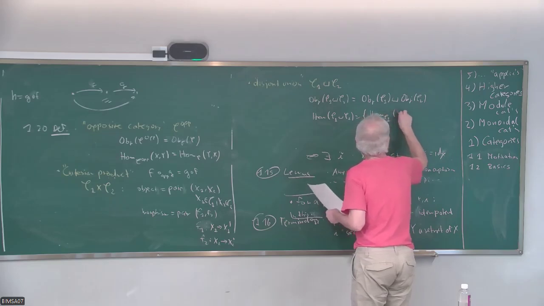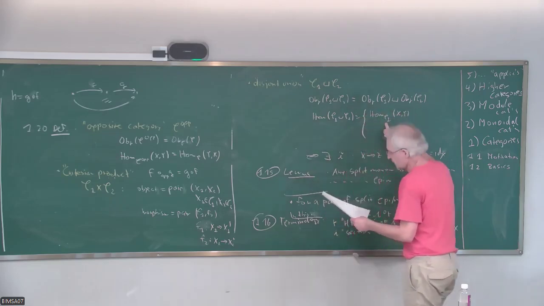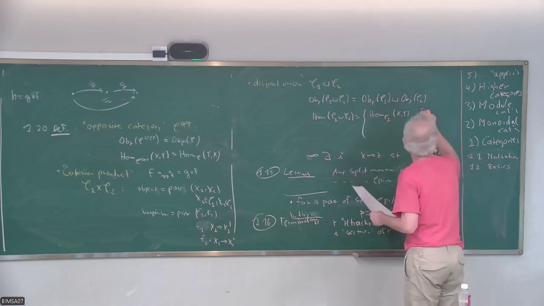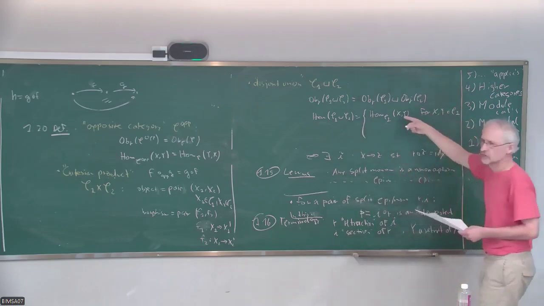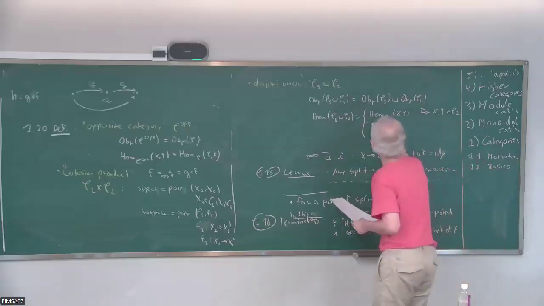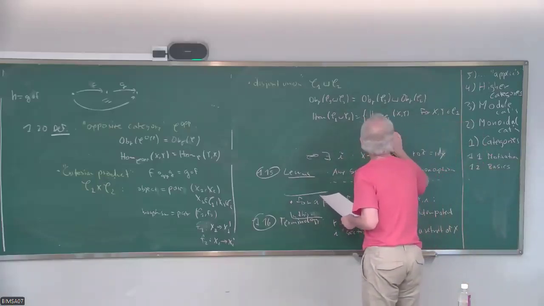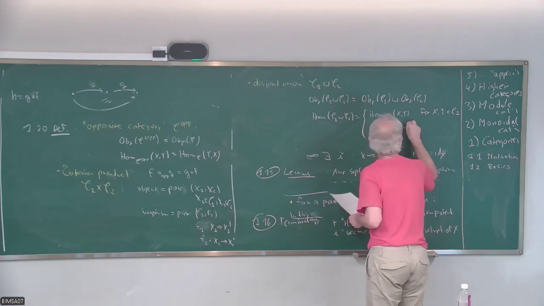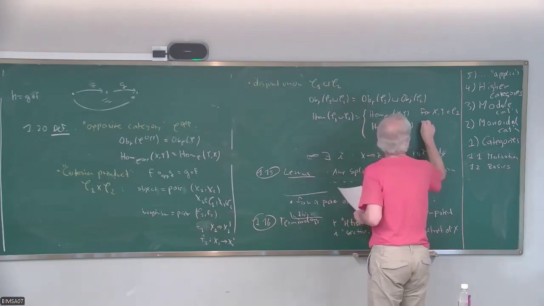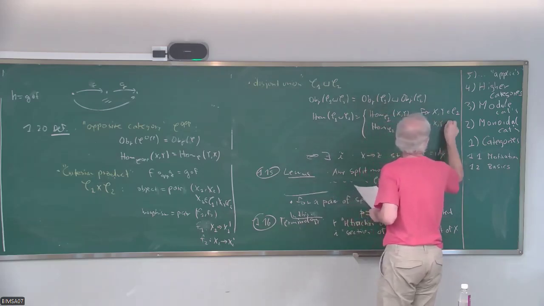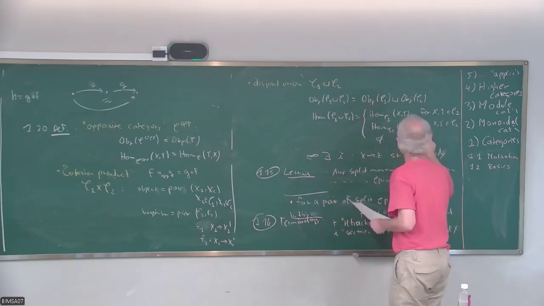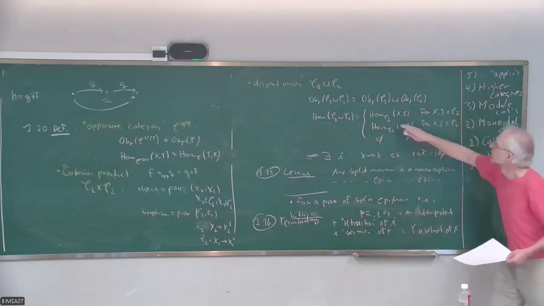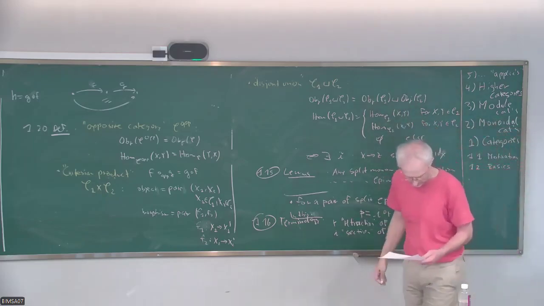If X and Y are both in C1, the morphisms between them are just the morphisms we have in C1, and the same if both of them are in C2. And empty set else. There are just no morphisms between objects here and objects here.